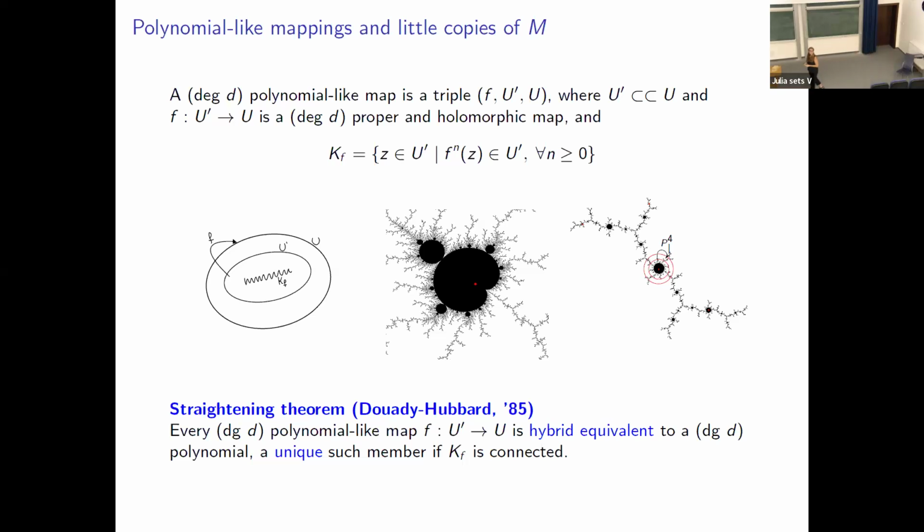A polynomial-like map, as the name suggests, is an object that behaves as a polynomial in a neighborhood of its filled Julia set. So we defined the filled Julia set for a polynomial as the complement of the basin of attraction of infinity. So on a neighborhood of its filled Julia set, the polynomial expands because all the points outside go to infinity. So a polynomial-like map is an object that expands.